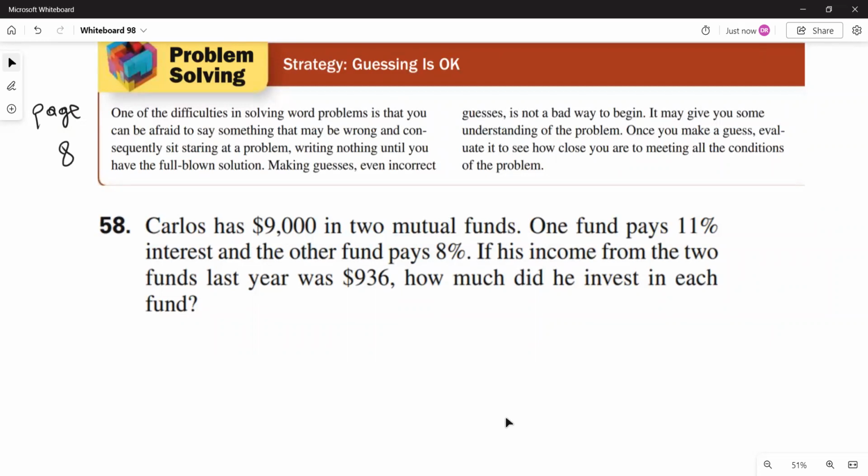Okay, so if we know how to solve systems of linear equations from algebra, this would be the best way to do it. But let's suppose for now that we never learned how to solve systems of two equations in two variables, and we're going to solve this problem by guessing.